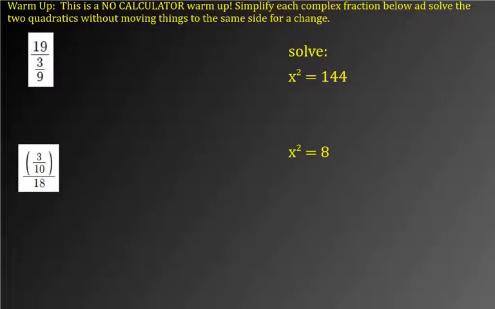So the way you do a fraction in a fraction and simplify it, basically you kill one of the fractions. If I multiply the bottom fraction here, 3/9, by 9/1, I can kill that denominator. In math, if you multiply by 1, I don't change an expression.